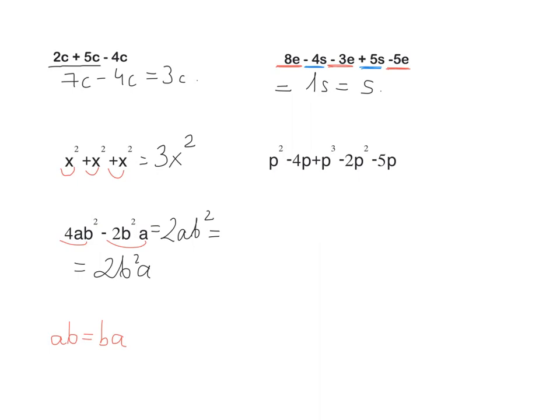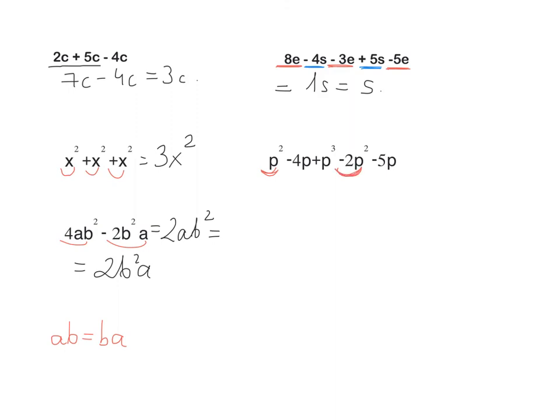And the last one in here, we have p squared minus 4p plus p to the power of 3 minus 2p squared minus 5p. So p squared and minus 2p squared, they're like terms, okay?